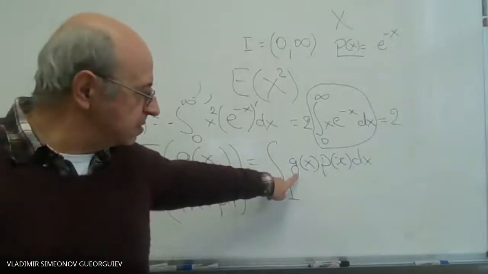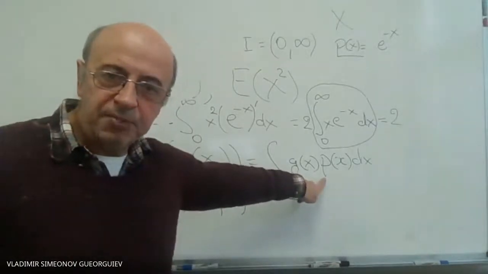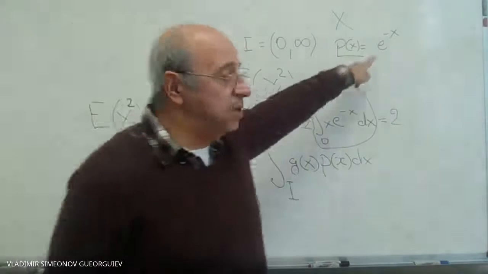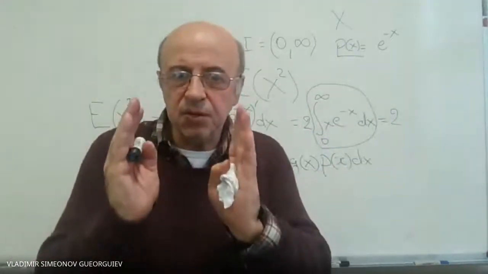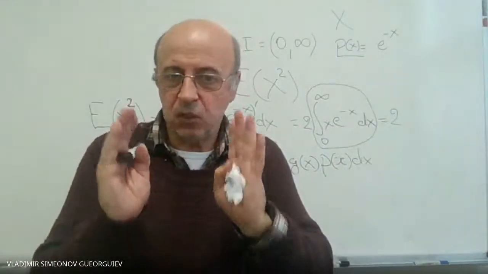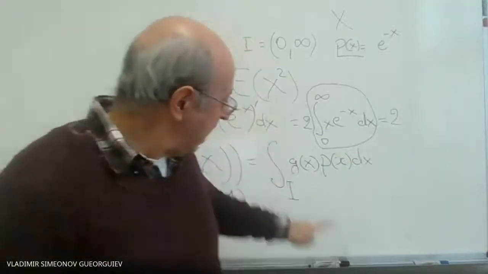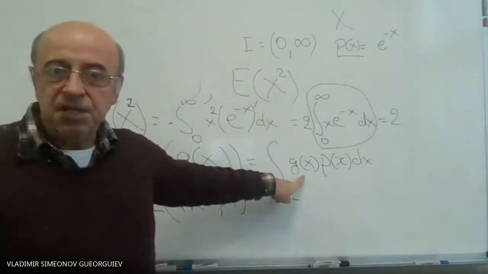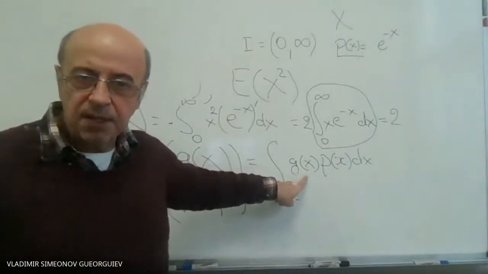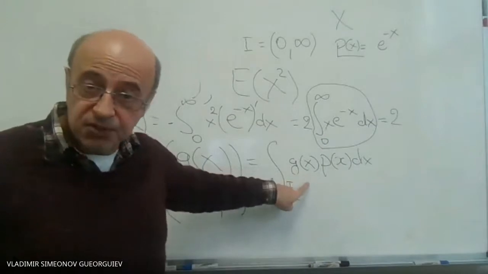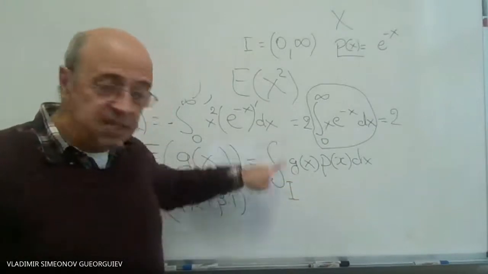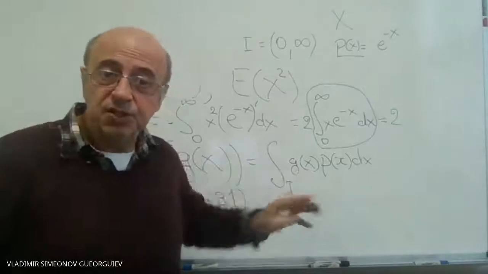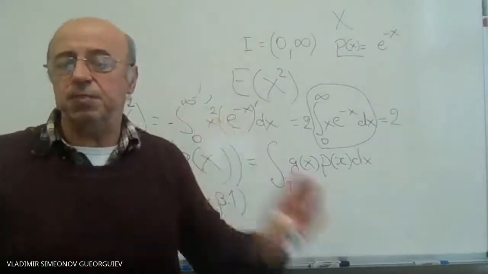Because look here, our probability density is a function between 0 and 1, so this is positive. I put here x squared, and so on. This is positive. When you take the integral of a positive function, your result is obligatorily positive.